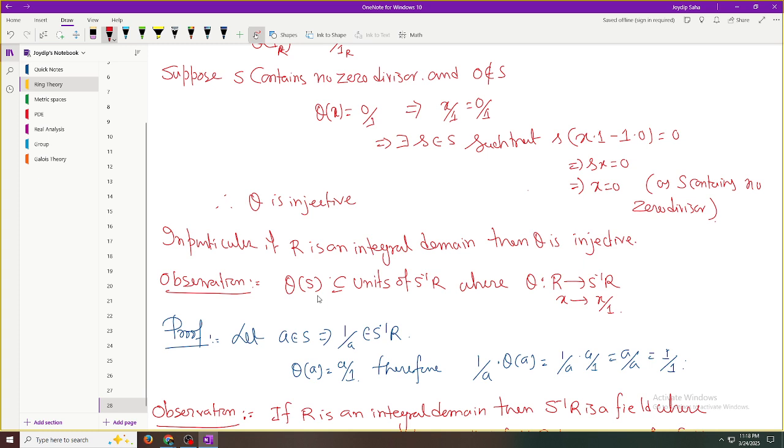So we are picking some multiplicatively closed set S, then constructing a ring where the image of S is units.